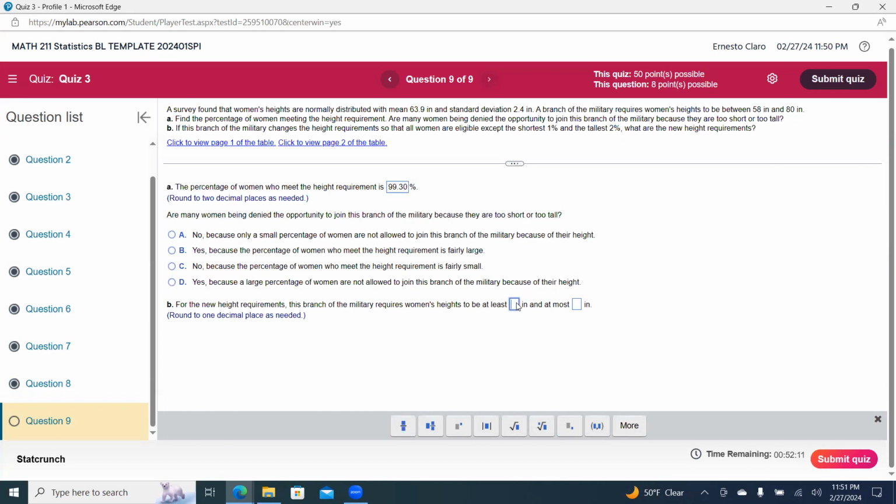Okay, so we inverse norm 1%, that's 0.01, comma mean, comma standard deviation. And if it's 2%, we have to inverse norm 98%. 0.01, 63.9, 2.4.